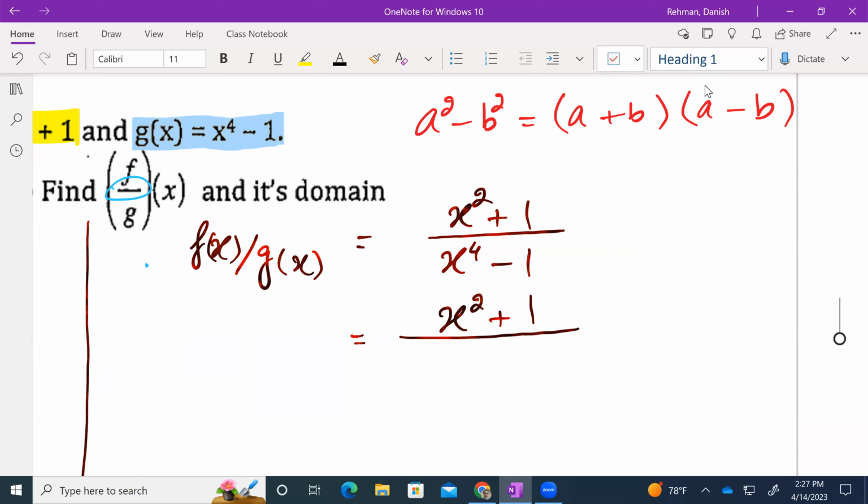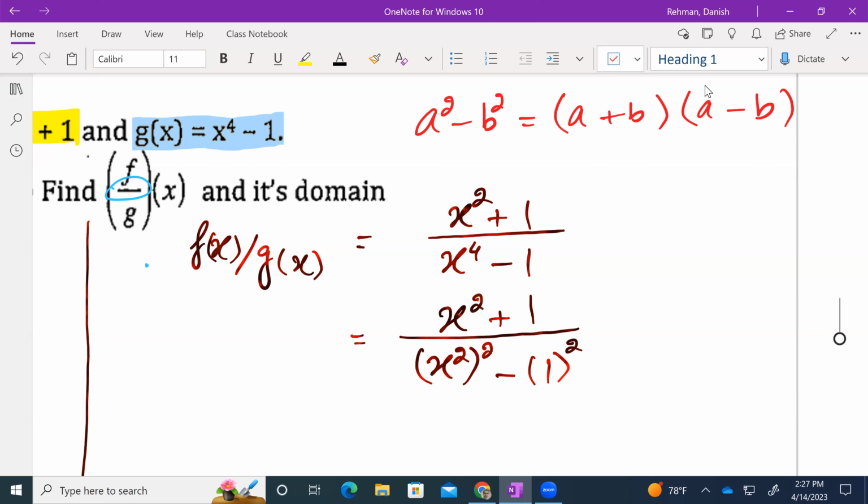In the question that we are looking at, x raised to power 4 is a square of x square, and 1 is a square of 1. So what I can write down in the denominator is x square squared minus 1 square.